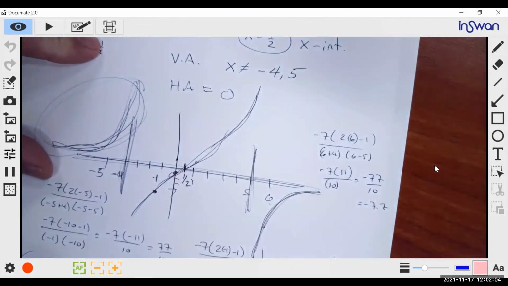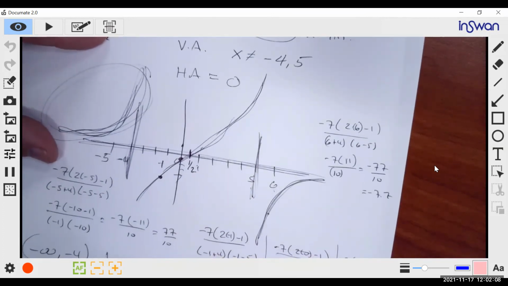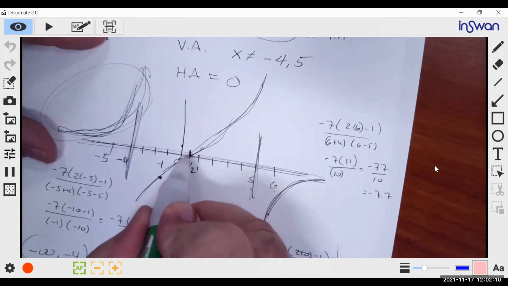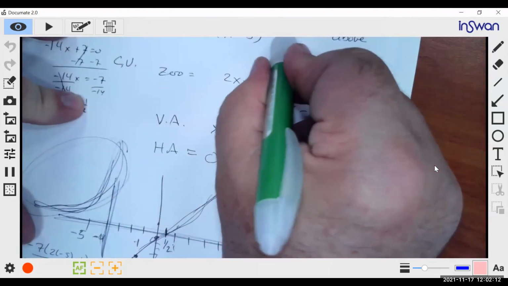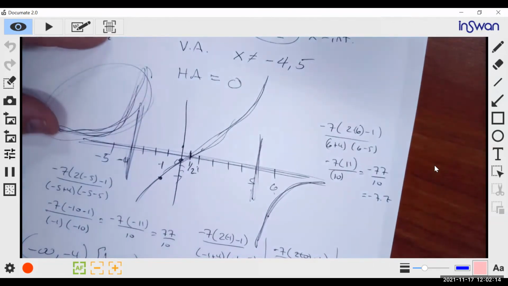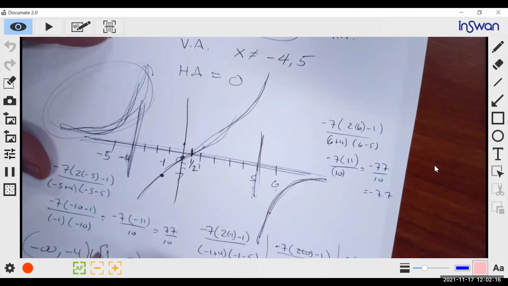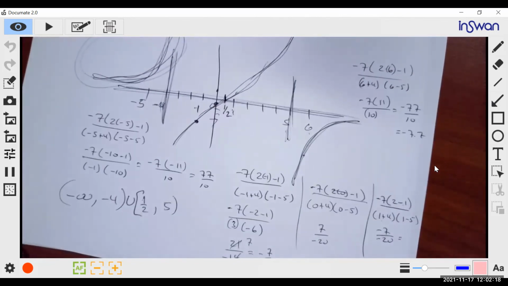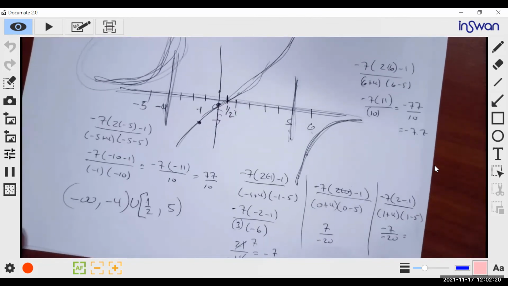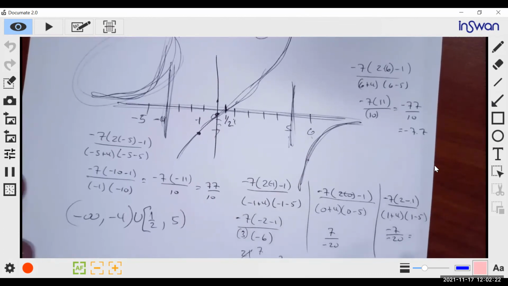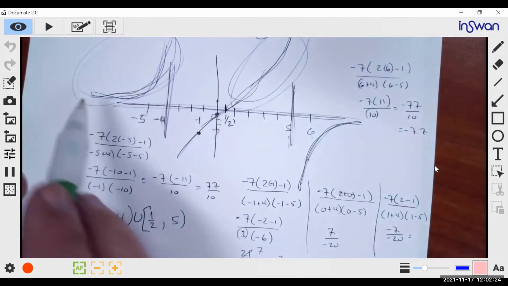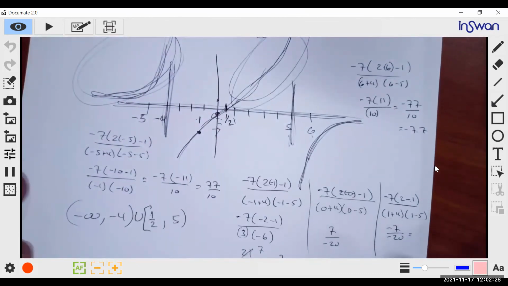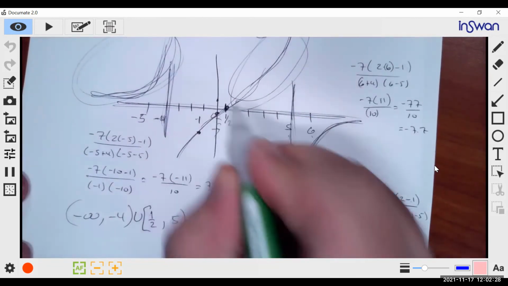So I went from 1/2 to my next. Since it's equal to 0, I can use that. And that's my answer. The rest of the graph is below. And these are the only parts of the graph I want above the x-axis. But I can use the x-intercept.